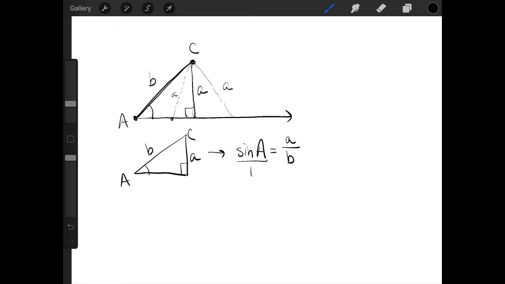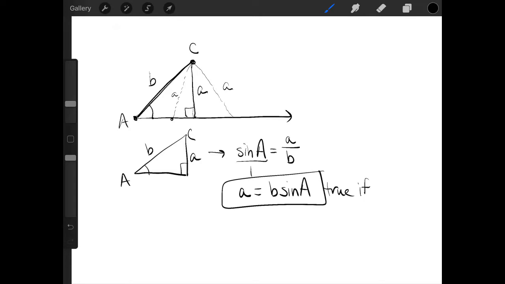And we're going to take this proportion, we're going to cross multiply, and a times 1 is a, and b times sine of A is b sine of A. So I know that this is true only if the triangle is a right triangle.